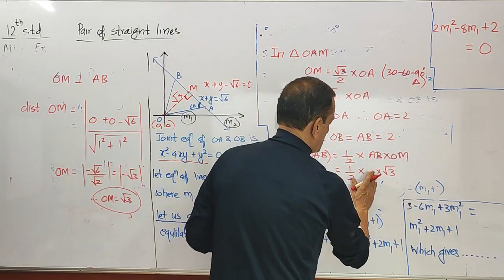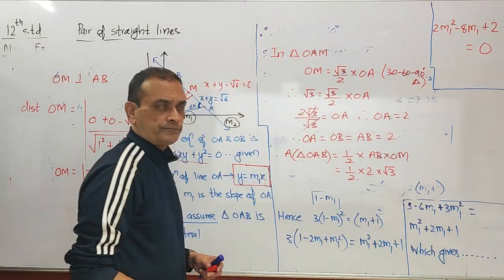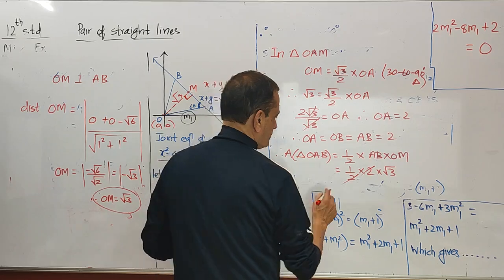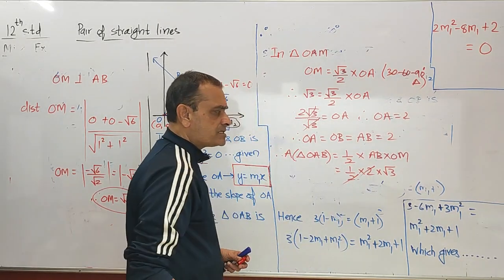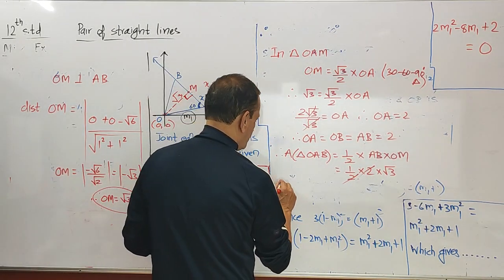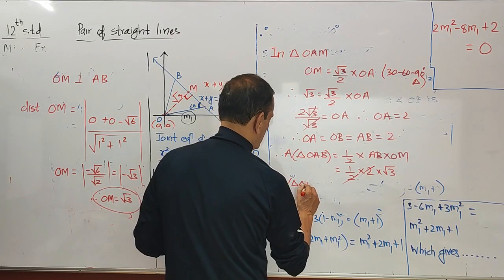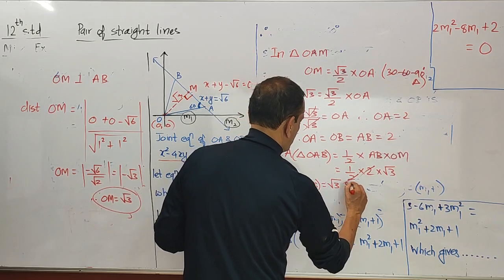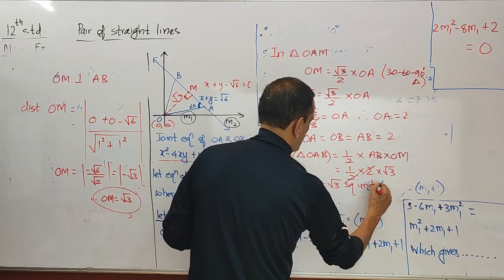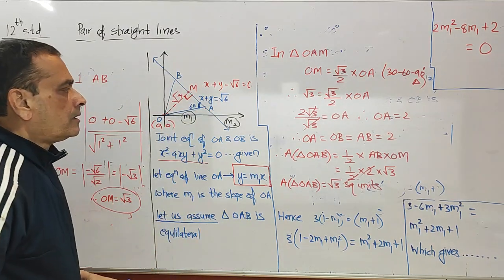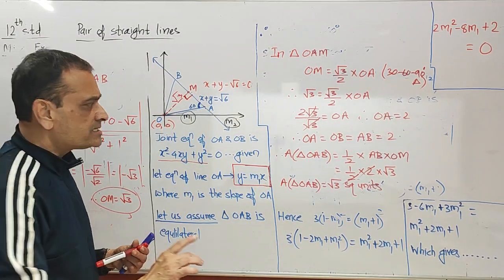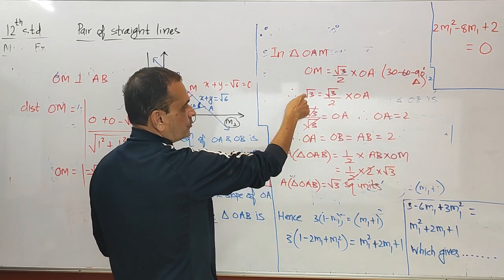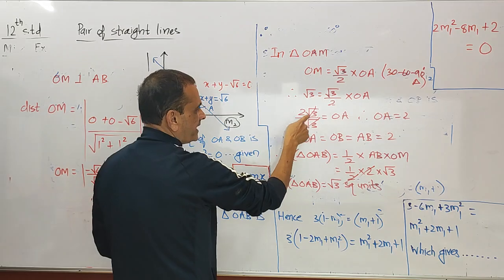So each side is 2. 2 gets cancelled. That's our answer. Area of triangle √3 square units. ध्यान से देखो, 2√3 अपॉन √3 क्रॉस मल्टीप्लाई किया है, √3 नीचे आ गया, √3 गेट्स कैंसल्ड.